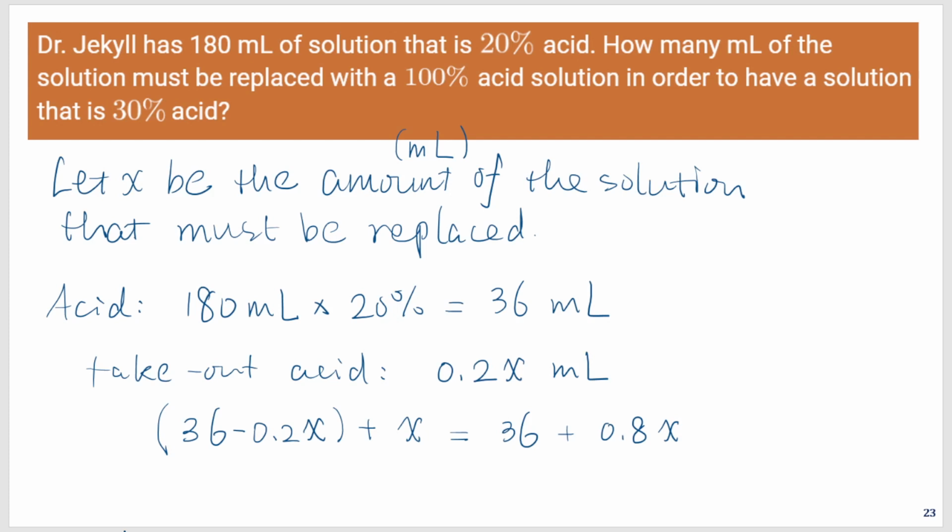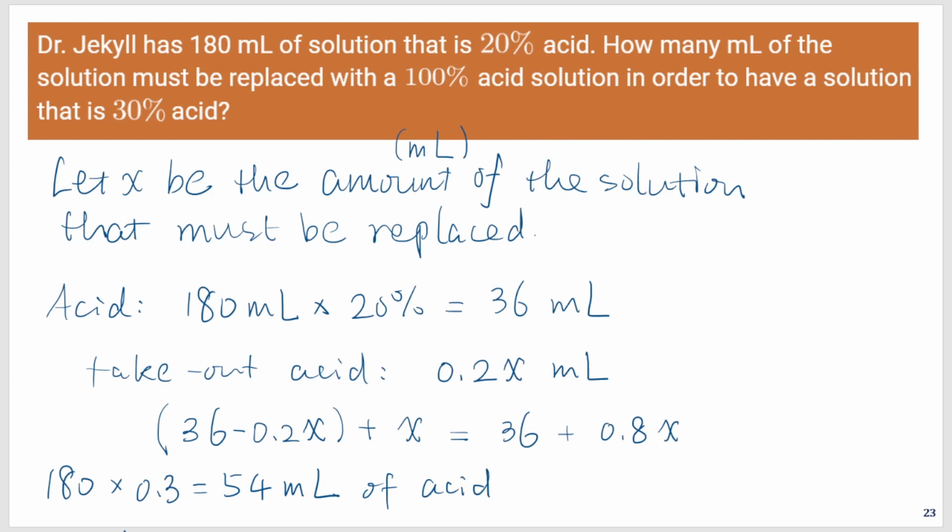So since our new solution must be 180 milliliters of 30% acid, our new solution must have 180 times 0.3, which is 54 milliliters of acid, right?